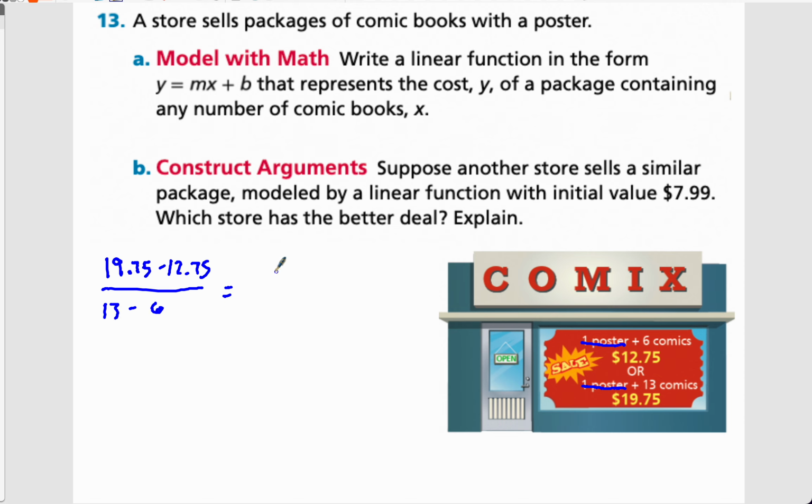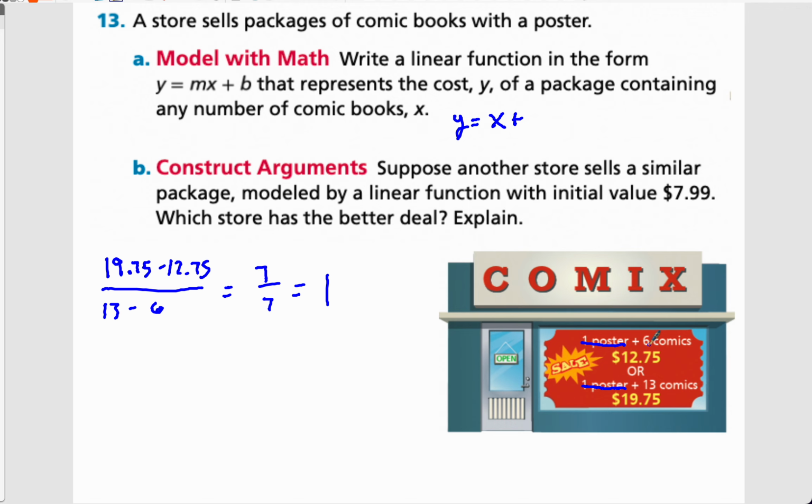And 19.75 minus 12.75 would be 7. 13 minus 6 is 7. So 7 over 7 is just 1. That means each comic book is $1. That's reasonable. And to write our equation then, we would write y equals 1x plus the cost of the poster.